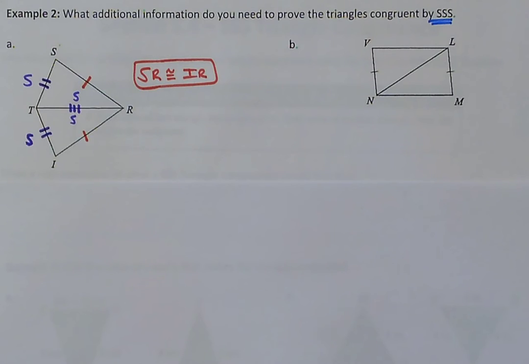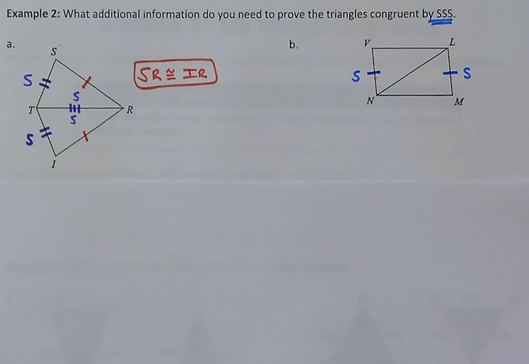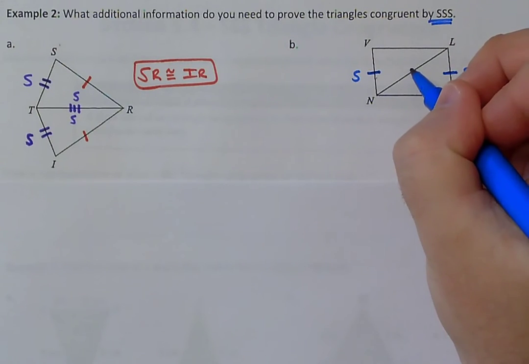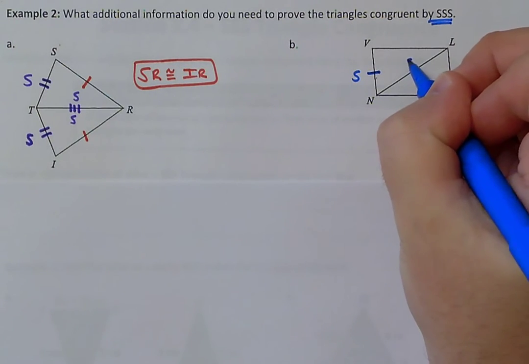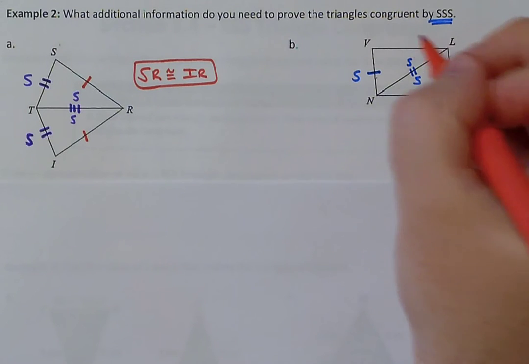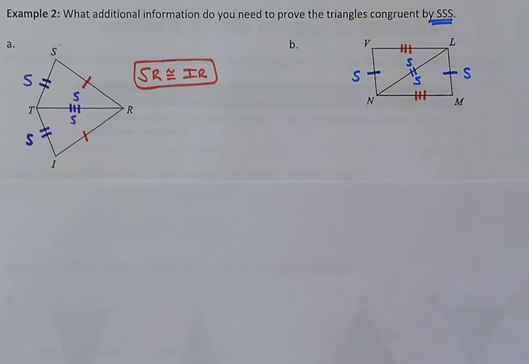Alright, part B is really just carrying the same idea. So they tell me that VN is congruent to ML based off that tick mark that they tell us. So I already have a side length and a side length. I know that NL is congruent to NL based off the reflexive property. So I know that side length is congruent. So the last bit of info I need to know is that this side is congruent to this side.